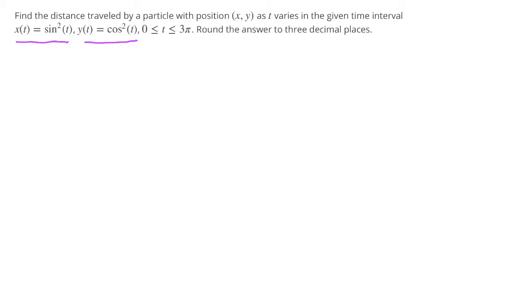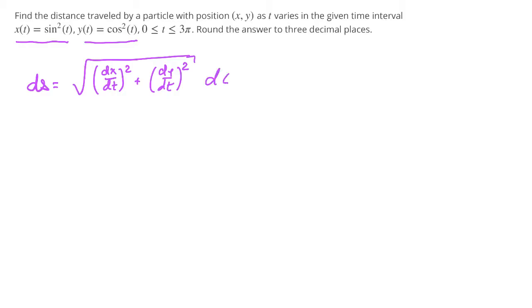Well, if we look at our arc length differential form, what we find is that it will be given by the square root of the sum of the square of dx/dt plus the square of dy/dt, times dt. And so what we need in this particular case is the derivatives of each one of our functions x and y.